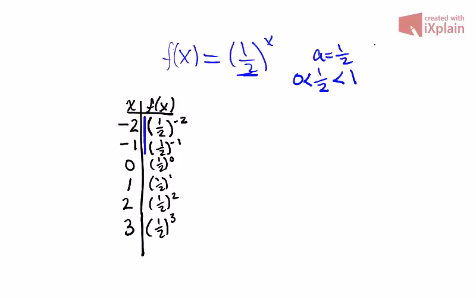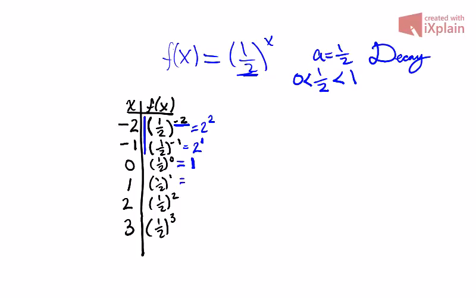So we know that this should be decay. But why? In this instance, these negative exponents are going to flip the fraction, and this becomes 2 squared. This becomes 2 to the first power. And of course, anything to the 0 power is always 1.